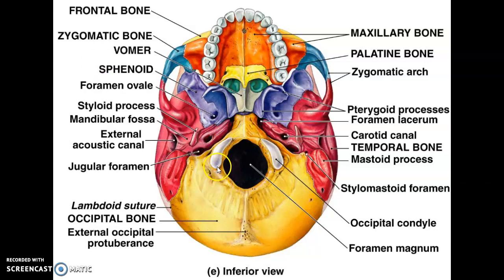Then we actually have some rounded areas where the skull actually articulates or fits on top of the C1 vertebrae. These rounded areas here next to the foramen magnum are occipital condyles. Let's look at a different perspective on them.